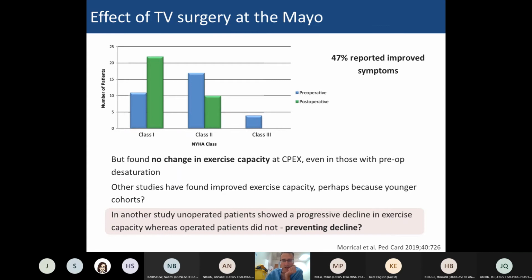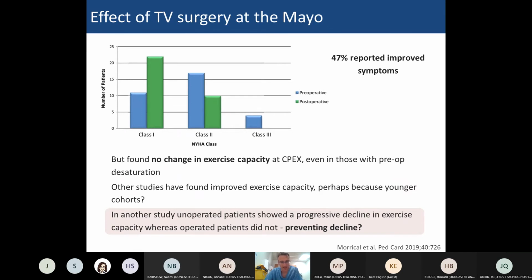And about half reported improvement in their symptoms. But they didn't find any change in measured exercise capacity, even in those with pre-op desaturation. That's not the only study out there. Other studies have found improvement of exercise capacity, and it may be that they had younger cohorts.